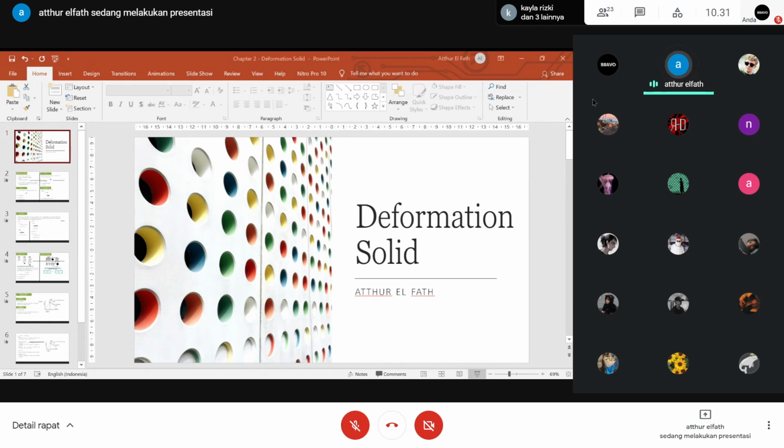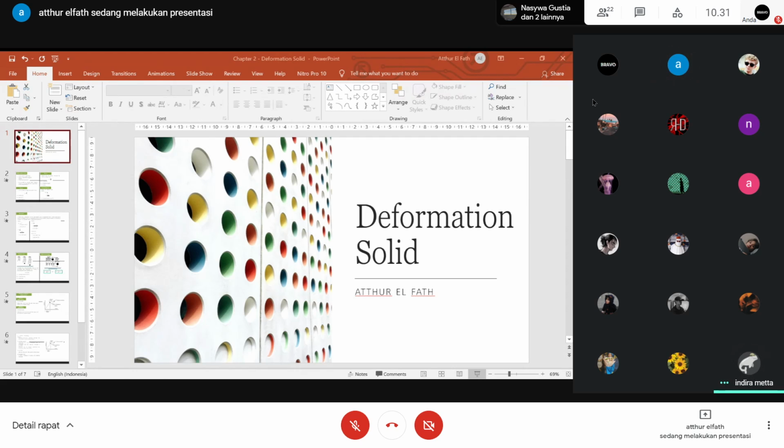Actually, both of them are solid materials, because if we see from their shapes, iron and rubber are like solid materials, and the distance between one atom and the other atom is so close to each other. And this is the characteristic of solid.